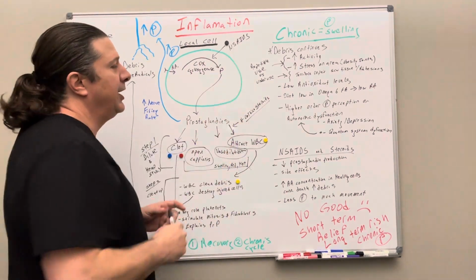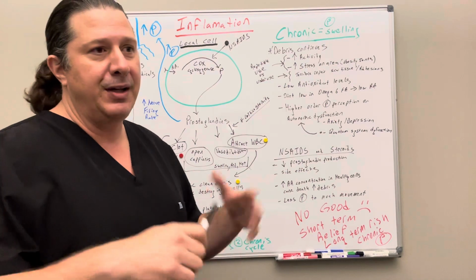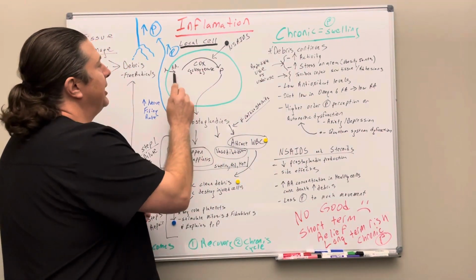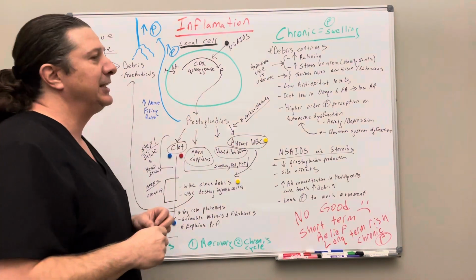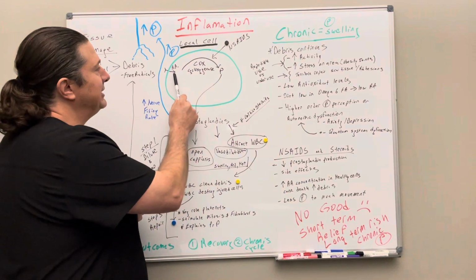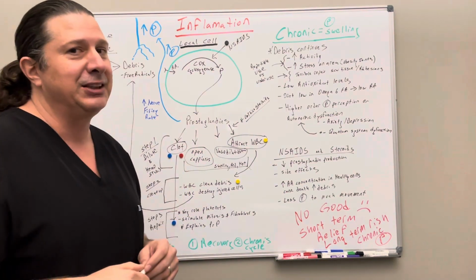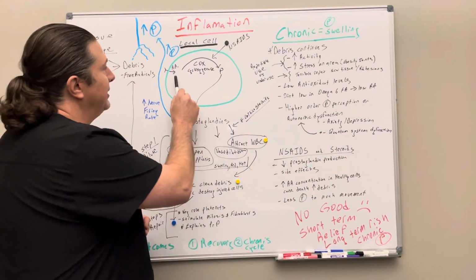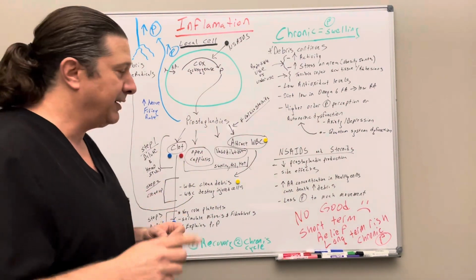NSAIDs, ibuprofen, acetaminophen even, work by inhibiting that COX enzyme from transforming that arachidonic acid. So common sense tells you, with what I told you, arachidonic acid in the cell is not a good thing. It's toxic to the cell. So right off the get-go, taking an NSAID is going to elevate this arachidonic acid. We'll get back to that.